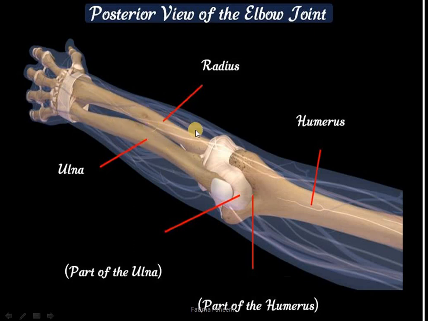This is the radius, which is along your thumb. Along your little finger is the ulna, which makes the hinge joint with the humerus. This is the hinge joint made between ulna and humerus.